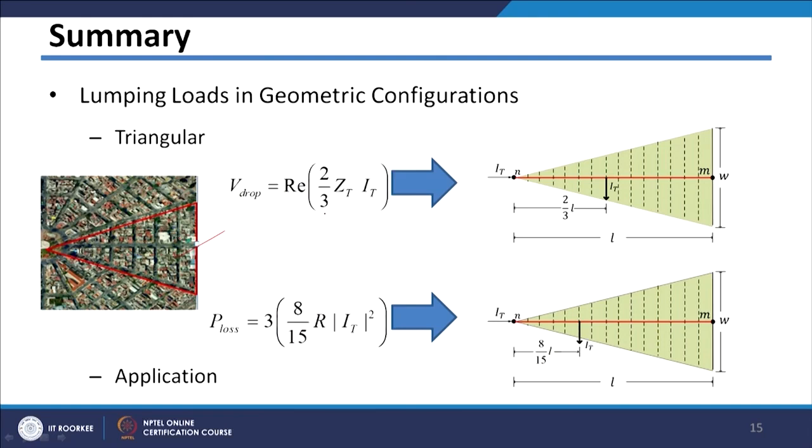In the case of a triangular configuration, we need to lump the total current at 2/3 length for voltage drop calculation, and for calculation of power loss we need to lump this load at 8/15th distance, and the lumped load will actually be the total load. From seeing this equation we can easily find these lumped models for triangular configurations.